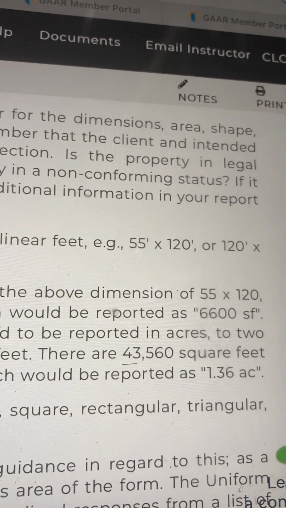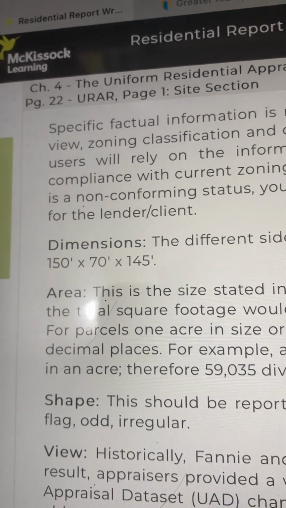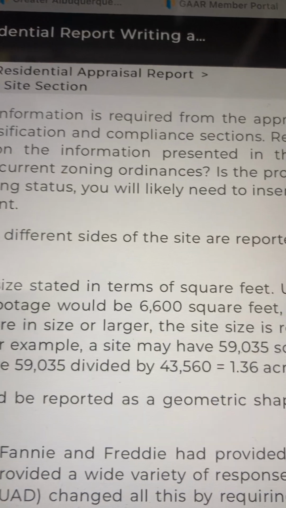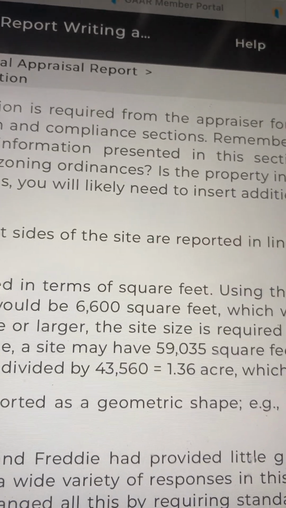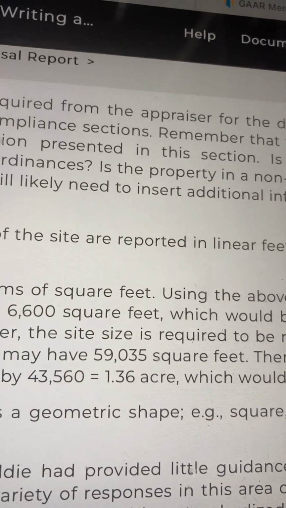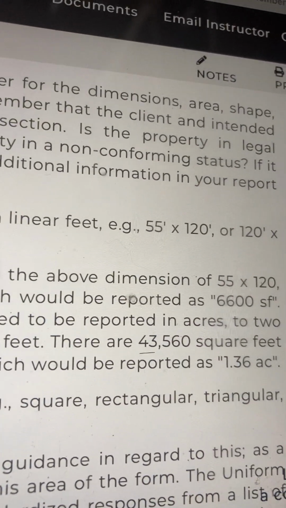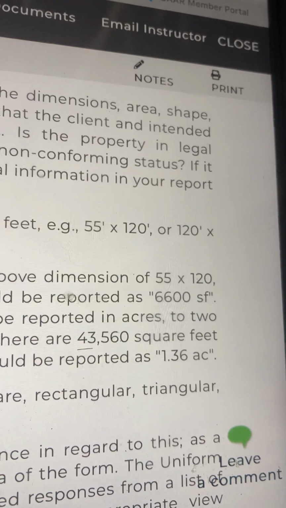There are 43,560 square feet in an acre. Therefore, 59,035 divided by 43,560 equals 1.36 acre, which would be reported as 1.36 AC.